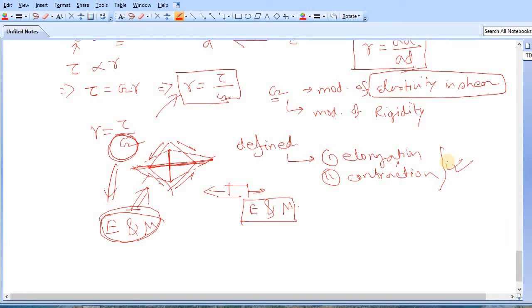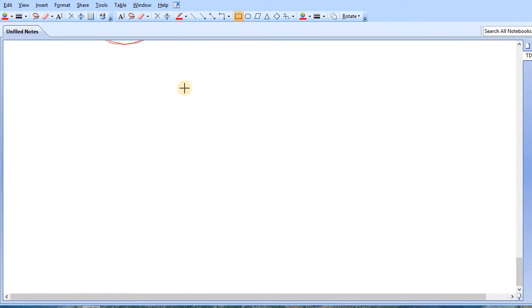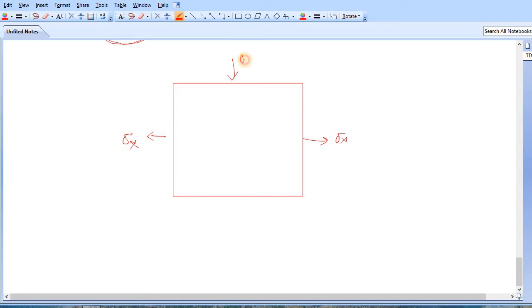Okay, so first we will consider again this object like this. Let's say initially this was your body. You have applied stress here sigma x, here sigma x, and in this direction sigma y, in this direction sigma y. Clear?